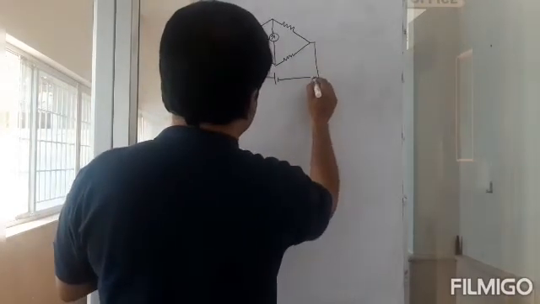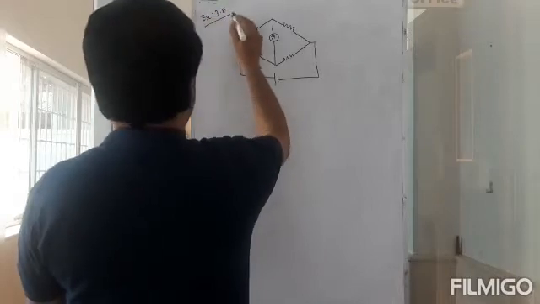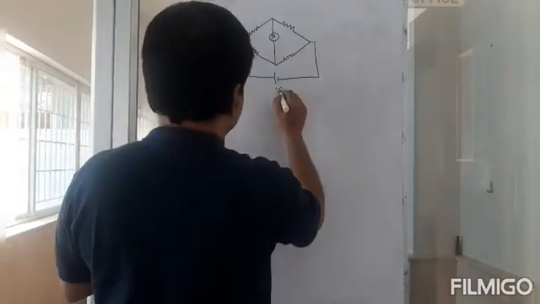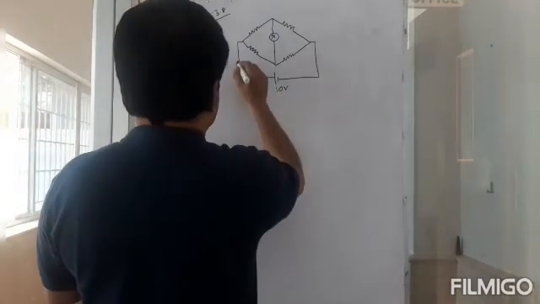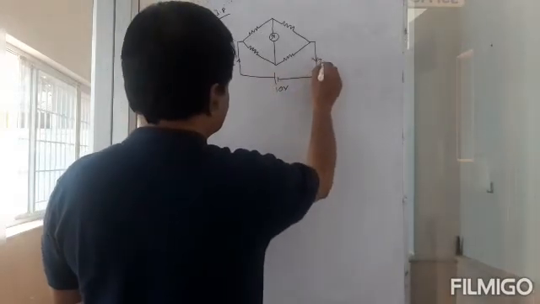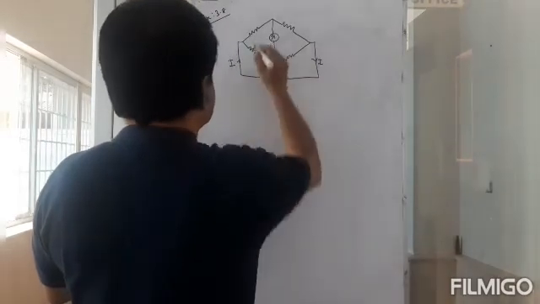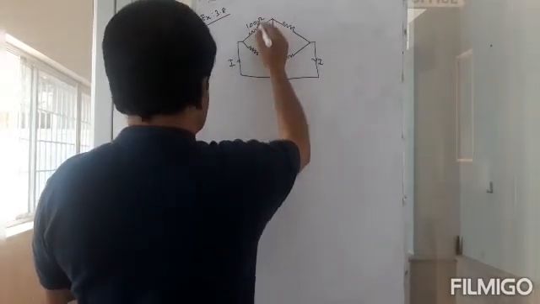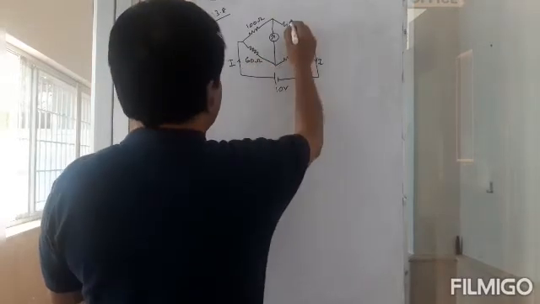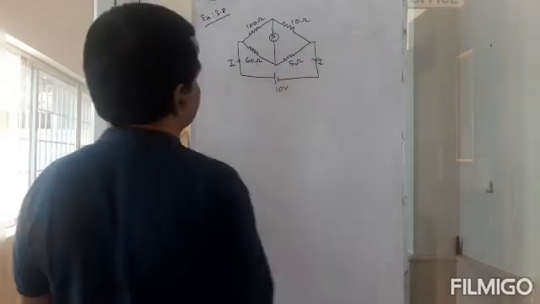It's a Wheatstone bridge, this example 3.8. Okay, so the voltage is 10 volt here. And then I is the current out of the battery, and I will be the current into the battery, the same current. Okay. Now this is 100 ohms, and this is 60 ohms, and this is 10 ohms, and this is 5 ohms.